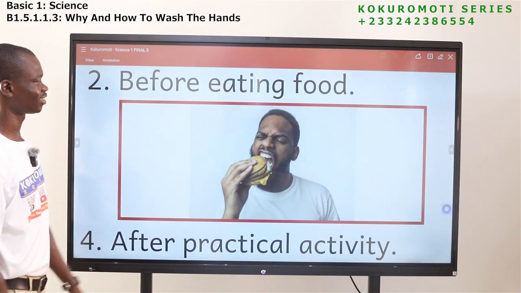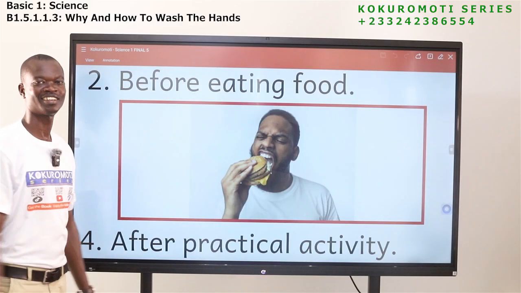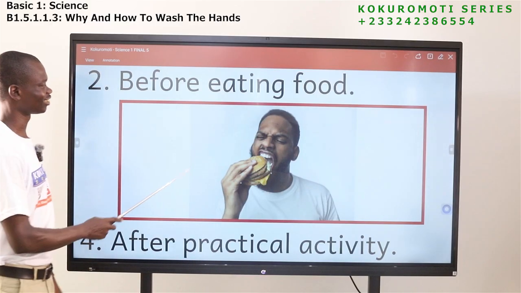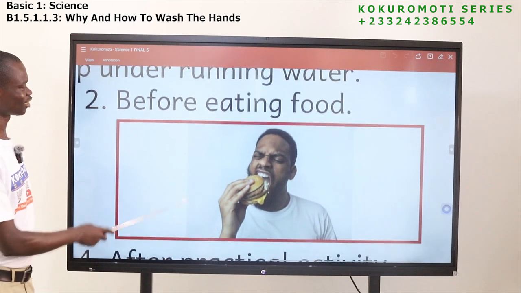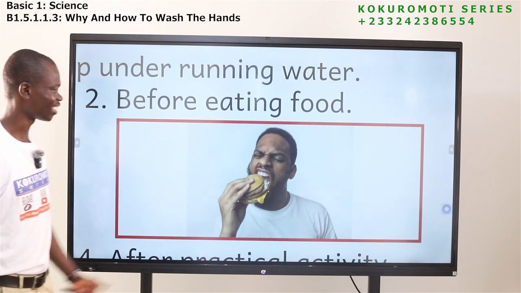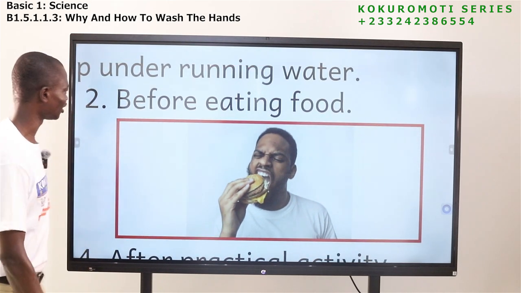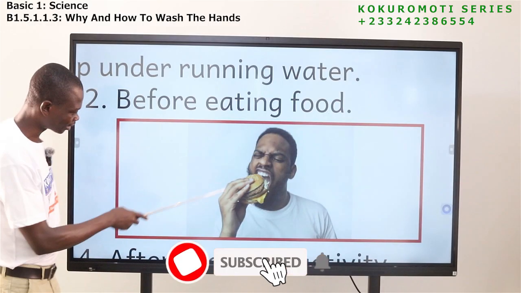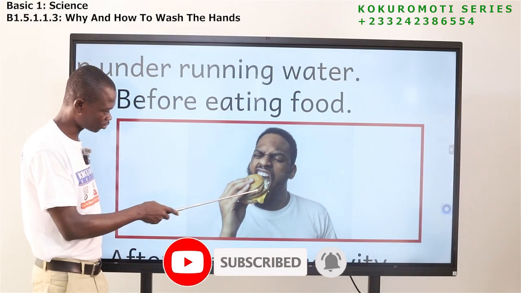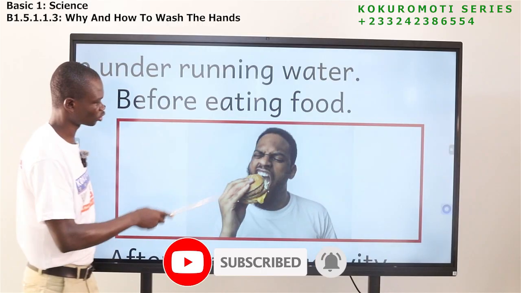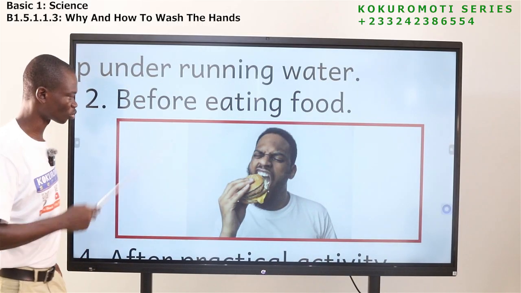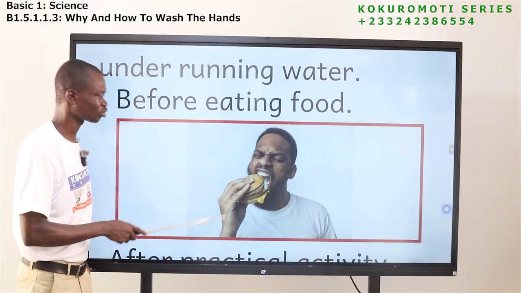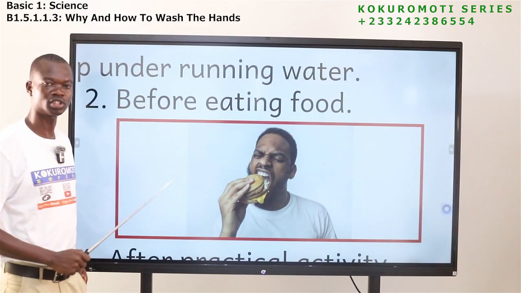Now look at this. Yes, have you seen the man? You can see he's enjoying his food. Okay, so this is a man here. He's using his hands, there is food in his hands, and the food is also going into his mouth. So it means that he's using his hands to what? To eat food.